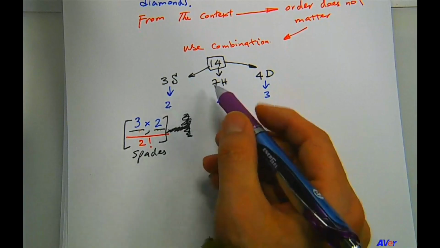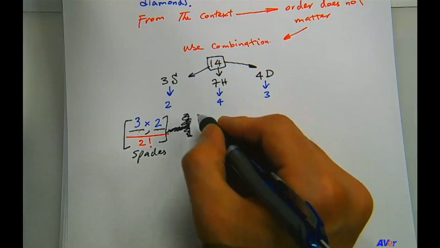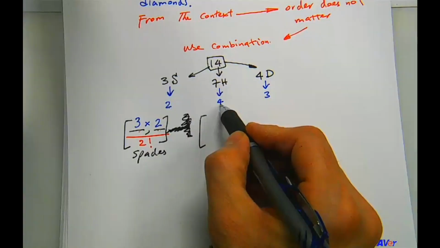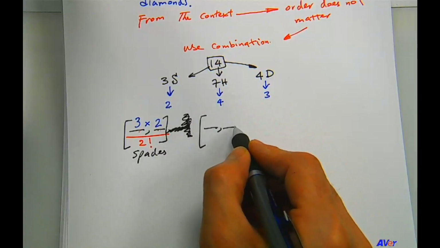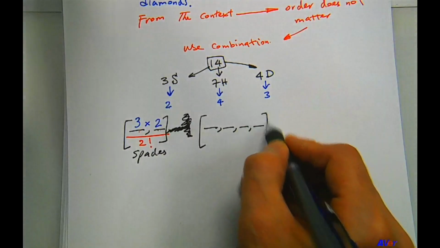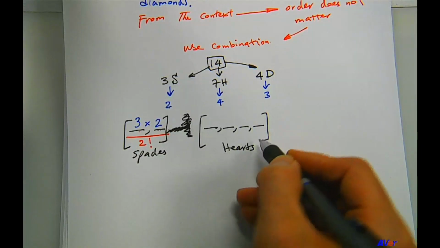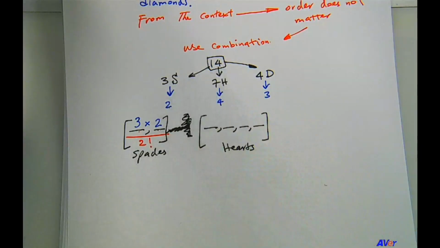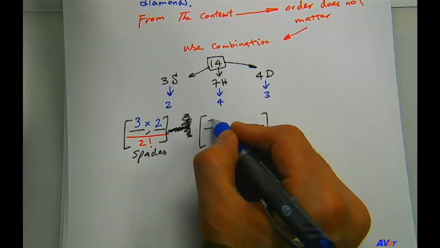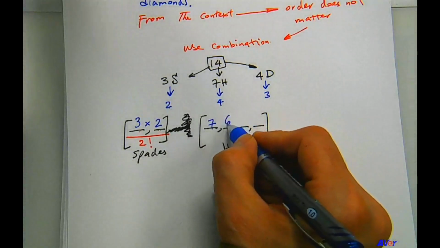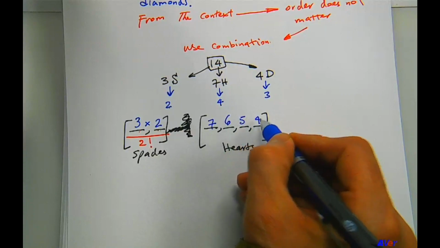Okay, so now for the hearts group, we're picking for 4 spots. So 1, 2, 3, 4. Right? This is for the hearts group. And we're picking from 7 cards. So 7, 6, 5, and 4.